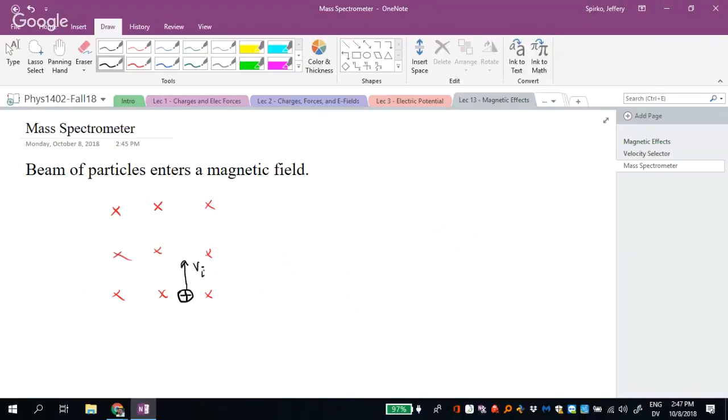So the velocity is towards the top of the page, magnetic field is into the page, so our force is to the left. The difference is this time we're not going to have the electric force. So we're going to let the particles experience the magnetic force, F sub B. And when you have a massive object moving with a force perpendicular to the velocity, the massive object is going to change directions.